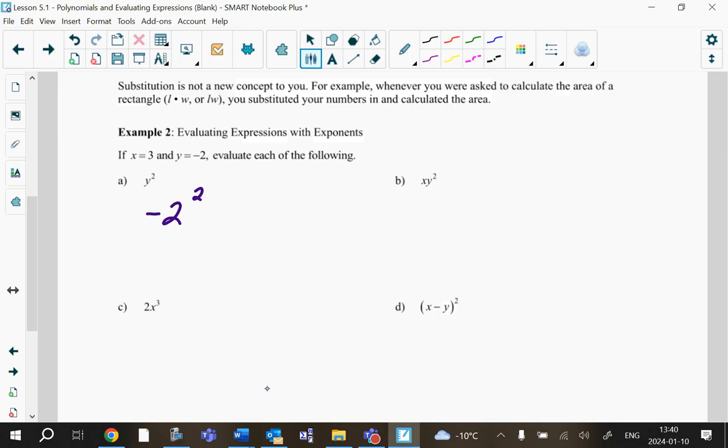You definitely need to put the parentheses. Remember, I said you got to substitute with parentheses. Why is that important? Because of questions like this. Because we saw in the last unit, there's a big difference between -2 in parentheses squared and -2 with no parentheses squared. What's this work out to? 4.